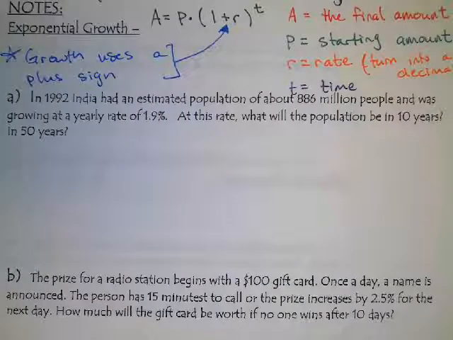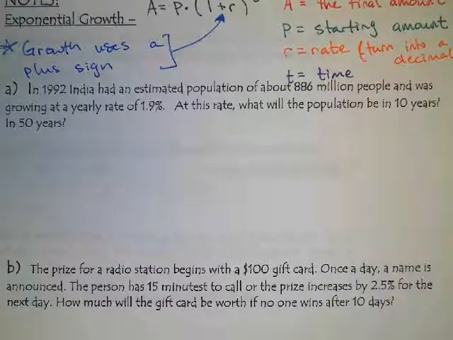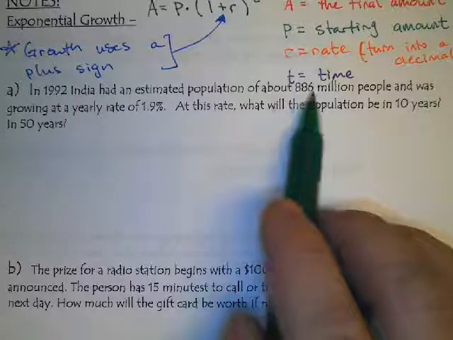So in 1992, India had an estimated population of about 886 million people and was growing at a yearly rate of 1.9%. At this rate, what will the population be in 10 years, in 50 years? So how we would do this is we will identify the pieces we're given. So 886, that's our starting amount.